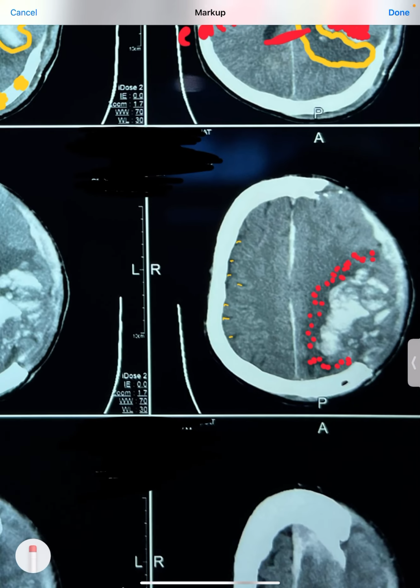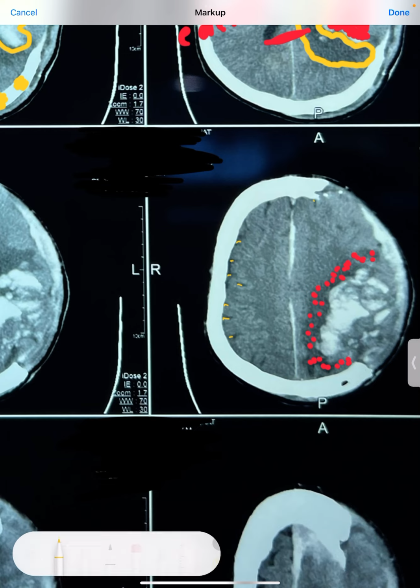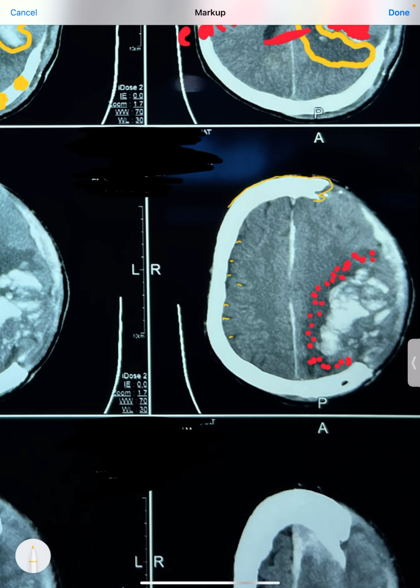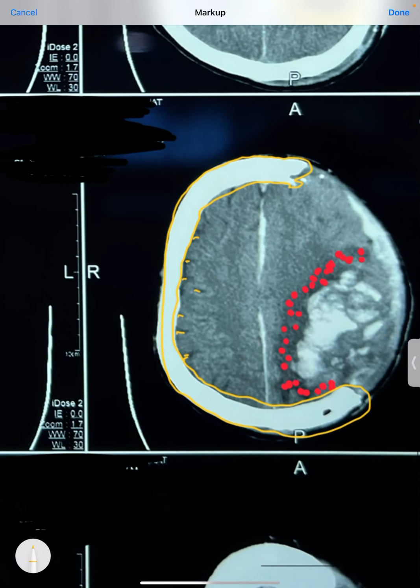If you look at the brain, the hyperdense skull can be crystal clear made out up to this area only, but not beyond that. That is because this patient has undergone craniotomy, means the part of the skull which was here has been removed so that the brain which is swollen can come out of the skull box, and the brain will get some time as well as some space to relieve the edema.